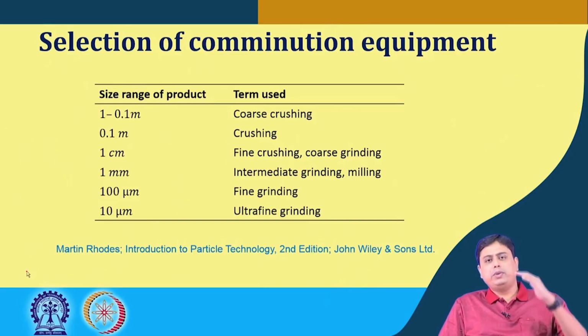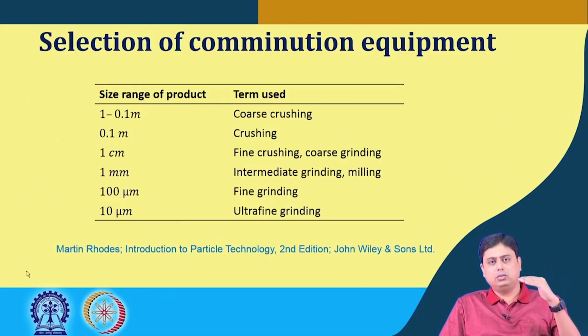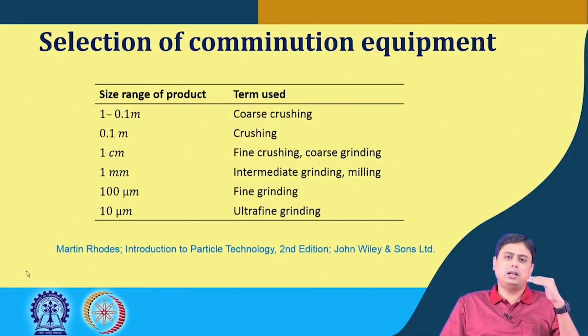So what happens? We have the coarse crushing, then the crushing operation, then coarse grinding. Grinding is at somewhat lower values of the particle or product size than the crushing operation. Then we have intermediate grinding, which sometimes we also call the milling operation.